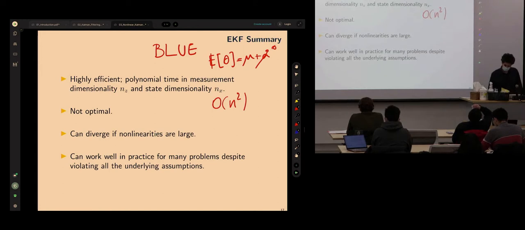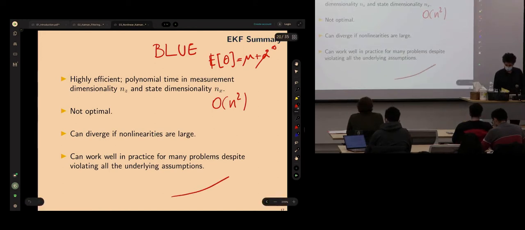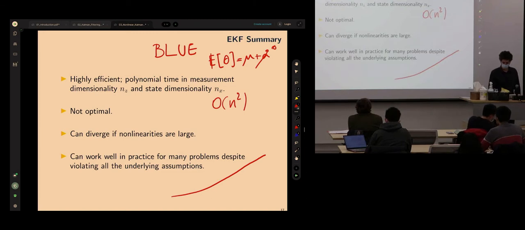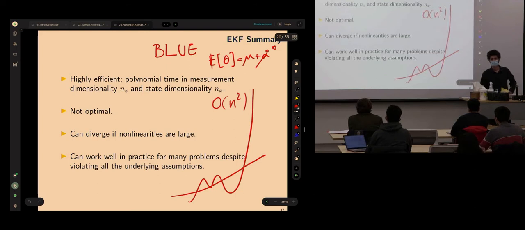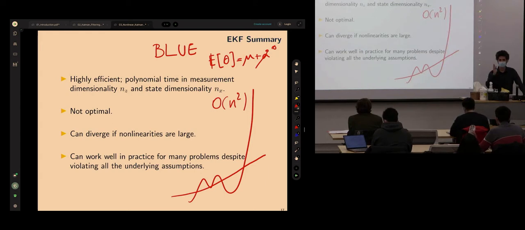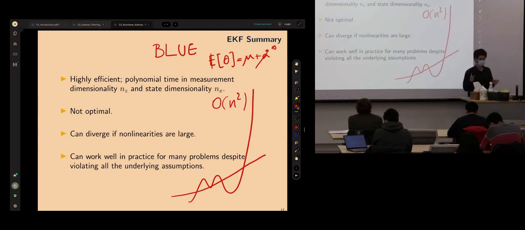Because your function can be maybe like this, right? It's not too bad. But if it's like this, your slope changes widely as you move a little bit, right? Basically, think about it this way. For a small change in the input, what is the change in the output?